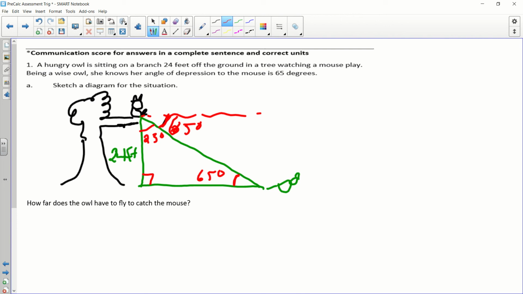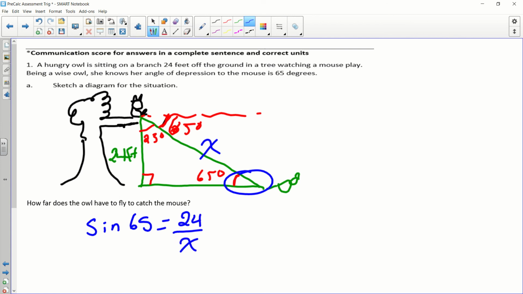So you could set up a couple ratios here. If I'm going to use the angle of elevation down here, I want to know the distance the owl has to fly. So I would use opposite over hypotenuse, that would be the sine, equals the opposite over the hypotenuse.